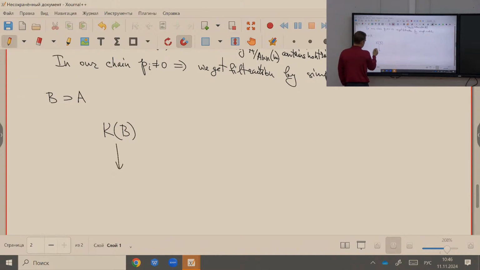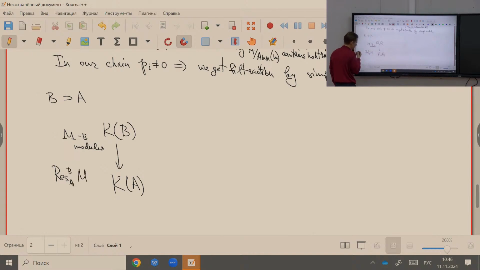Given a B module M, you can have the map to K of A, which is a restriction, from B into A. This considers M as an A module.